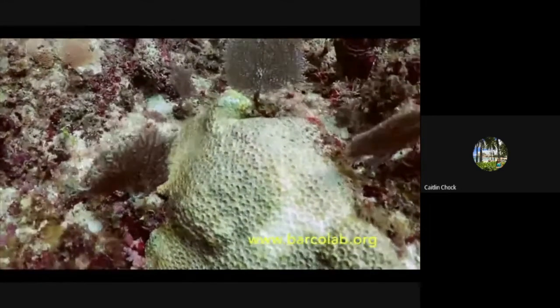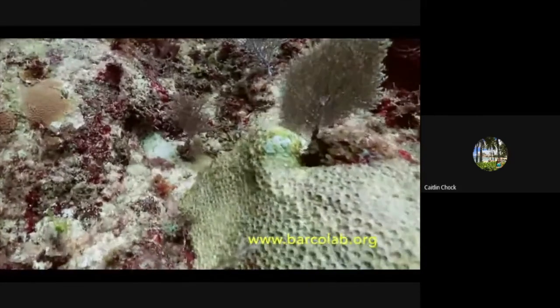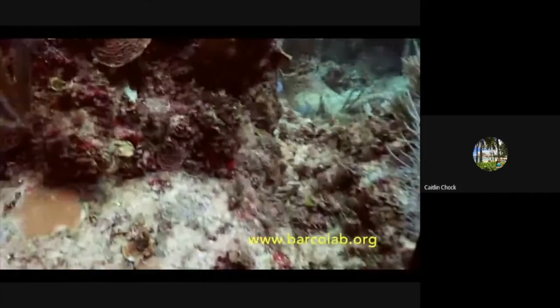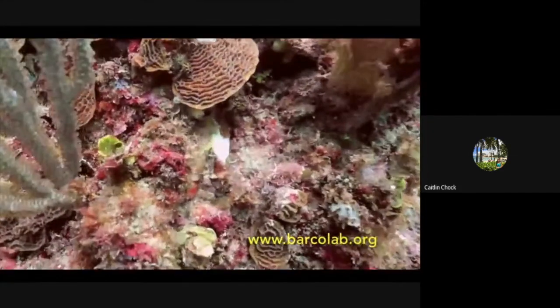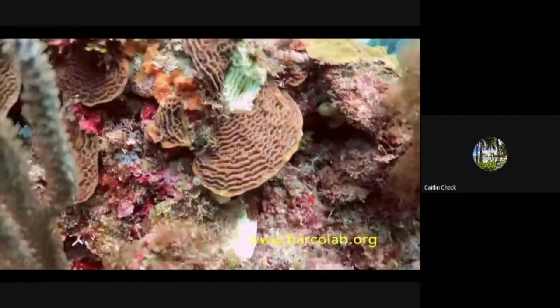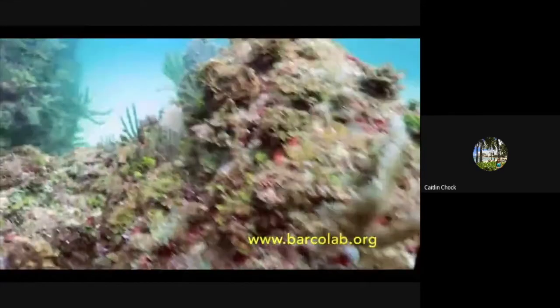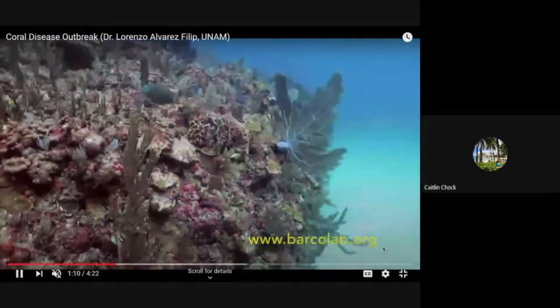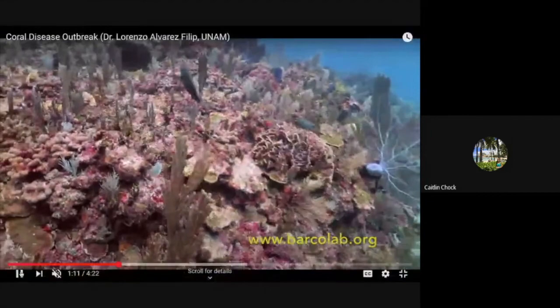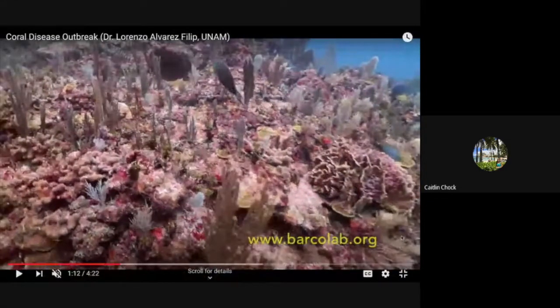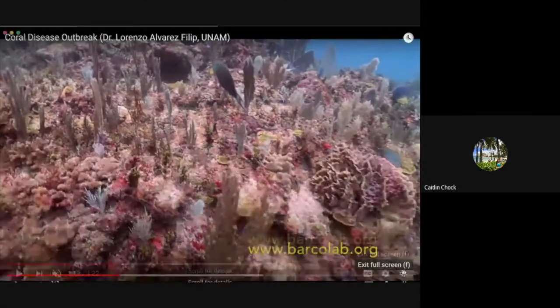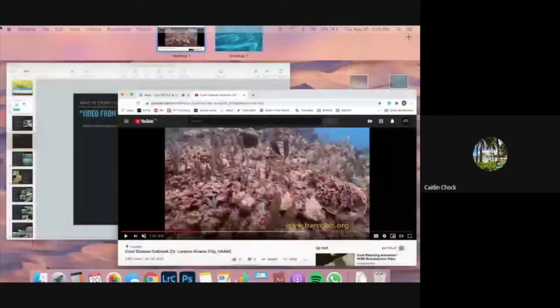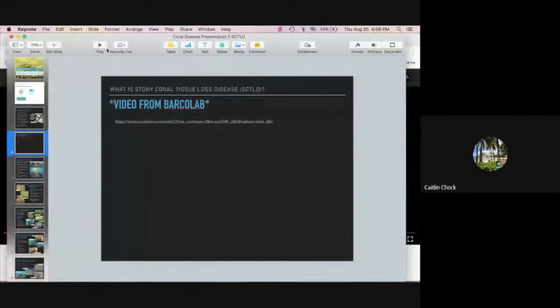There isn't any living tissue remaining there. Okay, so that's just to give you an idea of what we're up against, what we definitely want to avoid seeing here in Utila.